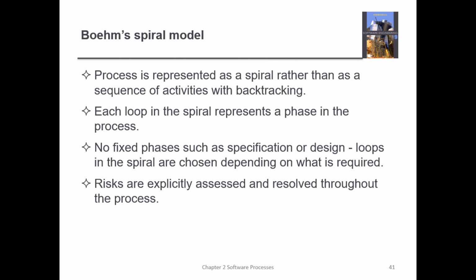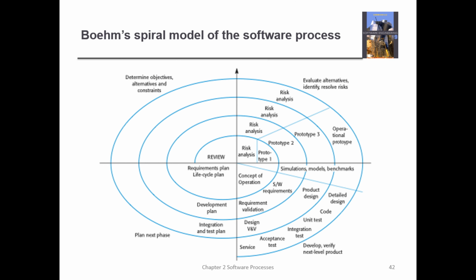Each loop depends on what you require, and the risks are explicitly assessed and resolved throughout the process. Because the spiral will be in the form of quadrants, we have a whole quadrant which talks about risk analysis. So this is the diagram for the spiral model.